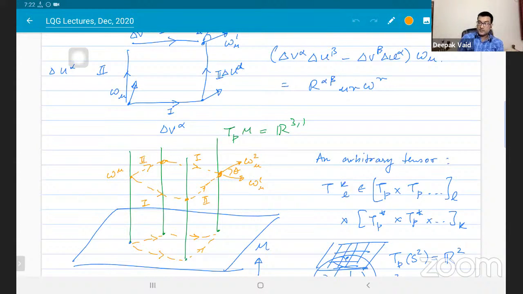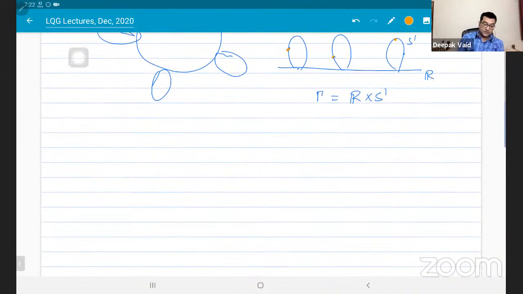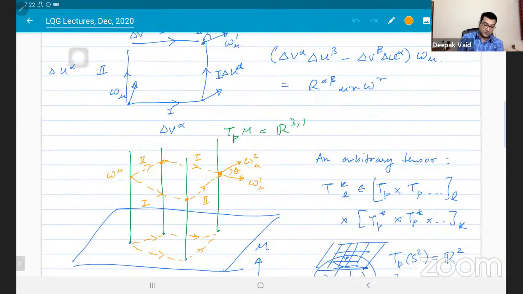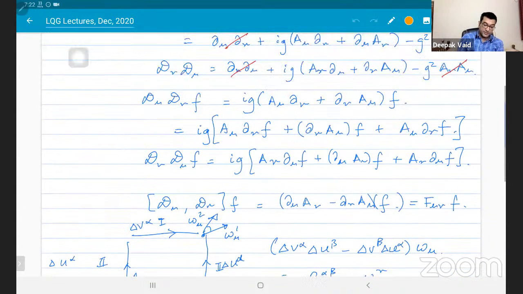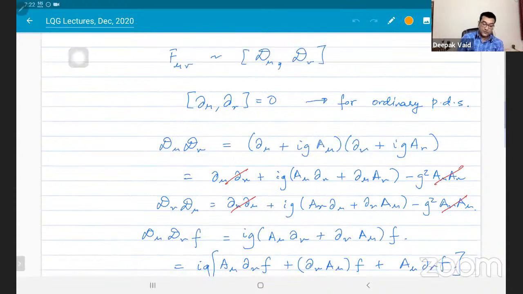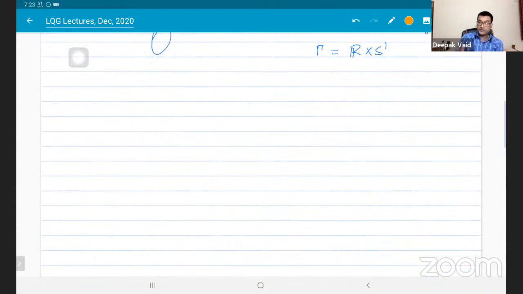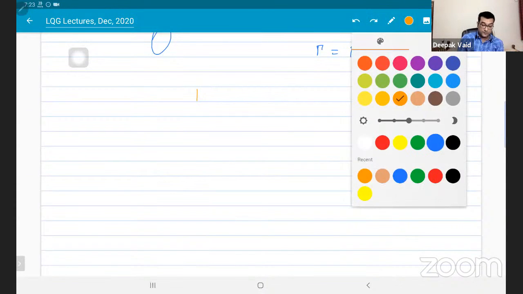And how do you define this curvature tensor? By defining a connection. So in our case, if it is U1, our connection is an abelian connection, and our corresponding curvature is this 2 form.